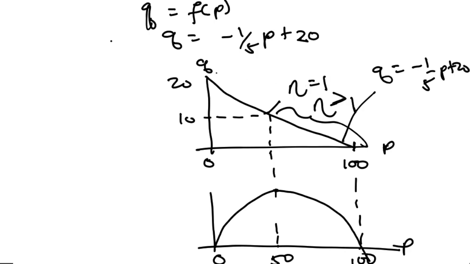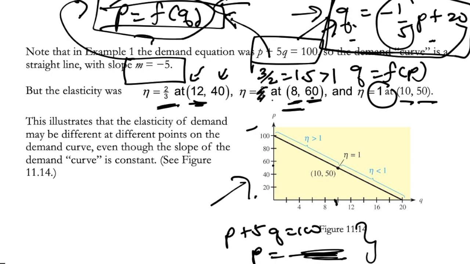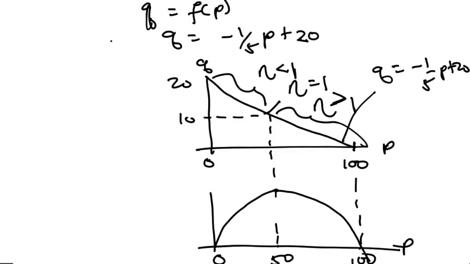You should know why, because here P is on the vertical axis, Q is on the horizontal axis. So the higher the P, the elasticity is also greater than 1. But my P in this graph is here. The higher the P, we move towards the right, not going up. You get what I mean?